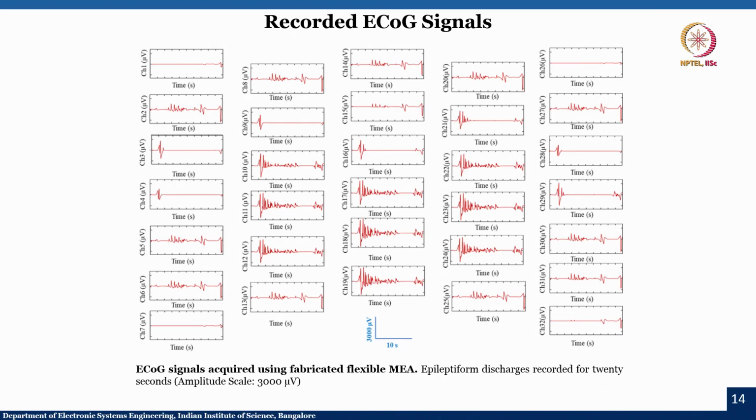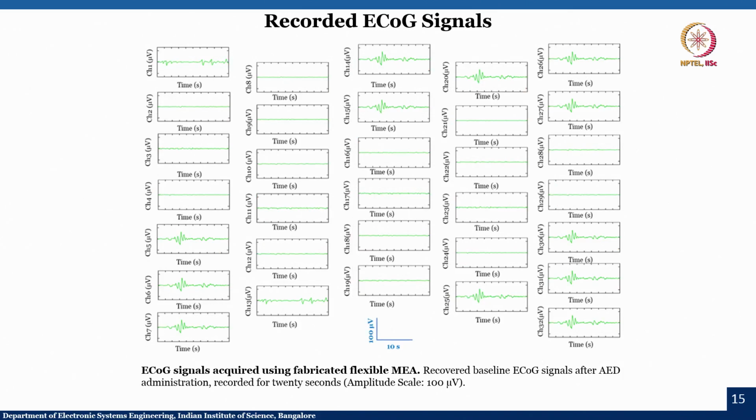Now, what we do is you administer the AED in the rat, and then you will find that in some time you are able to recover the baseline, as you can see from this particular schematic.